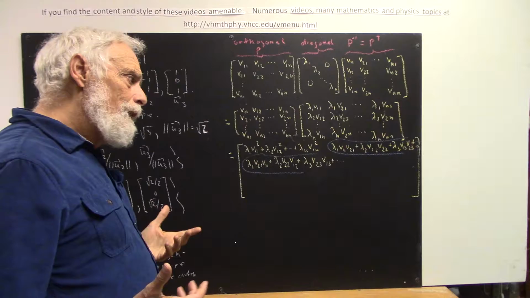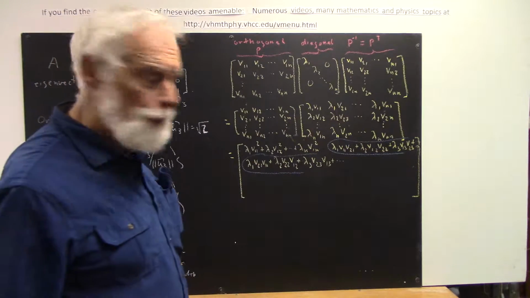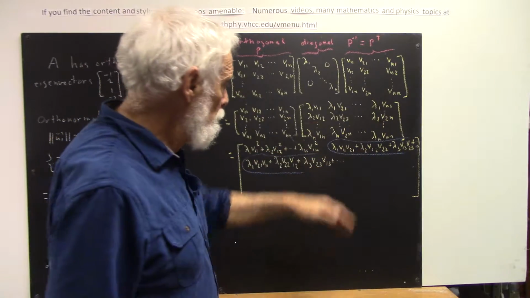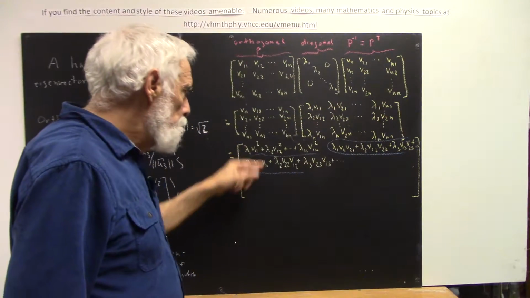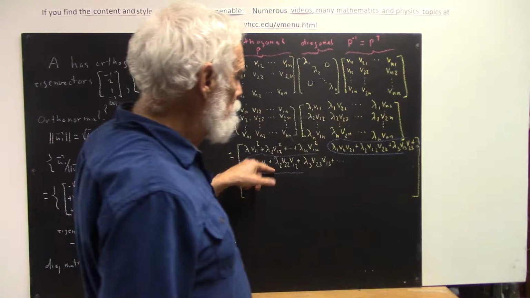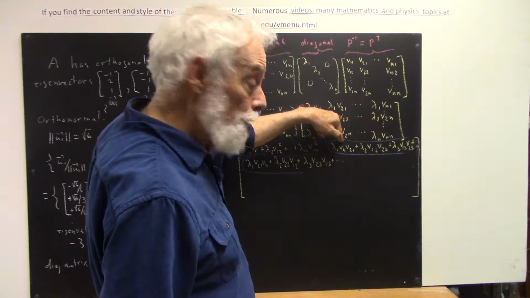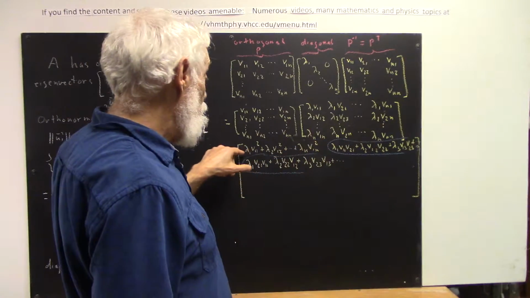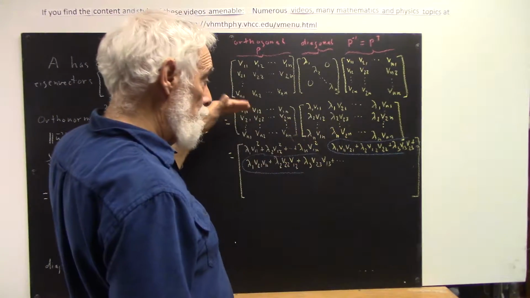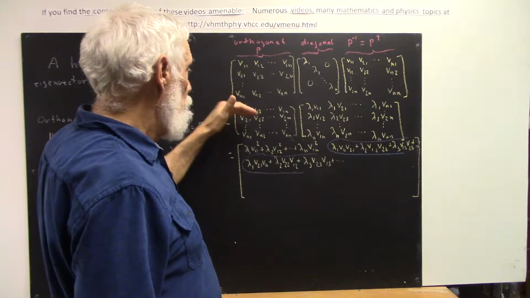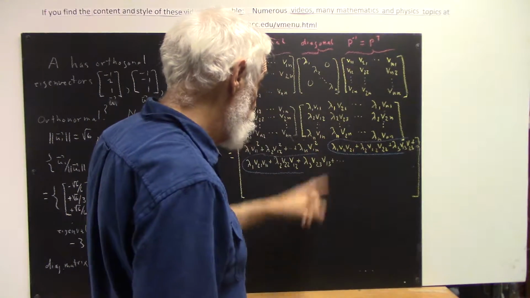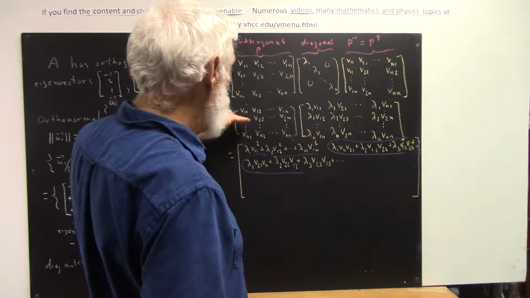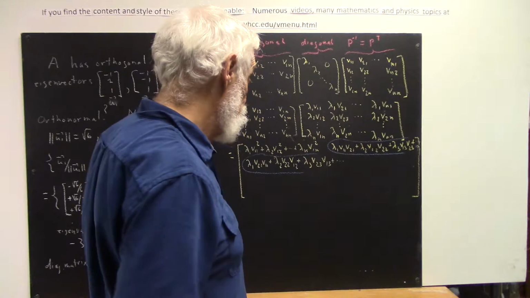Now, I want to check and see if this matrix is symmetric. What's on the diagonal doesn't affect the symmetry, but what's above and below does. This is below the diagonal. It should correspond to the next number above the diagonal in the first row. In other words, what we get when we multiply the first row by the second column should match, if the matrix is going to be symmetric, what we get if we multiply the second row by the first column.